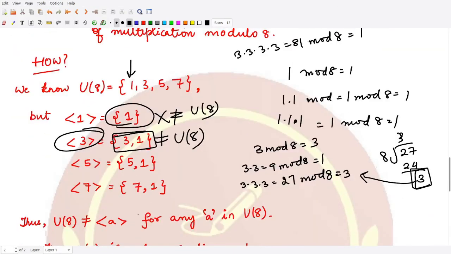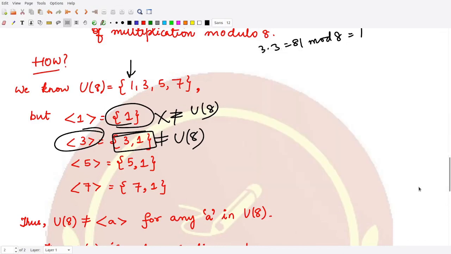What about the digit 5? For the digit 5, 5 mod 8 is 5. 5 squared, 5 into 5, is 25, and 25 mod 8 is 1.